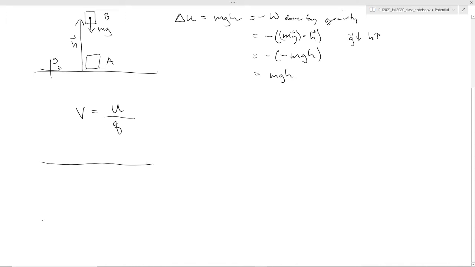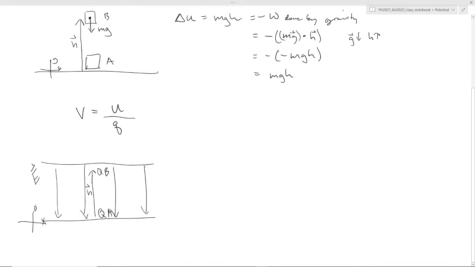Remember, with the deflection lab, we had these two plates and we had an approximately constant electric field between them. We can do the same exact thing. Imagine that you have a charge and we're going to move it some h from A to B here, and our coordinate system will set the 0 at A.